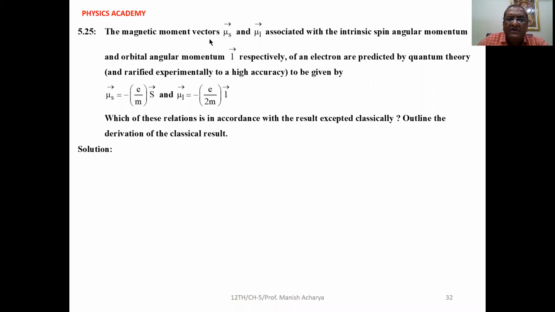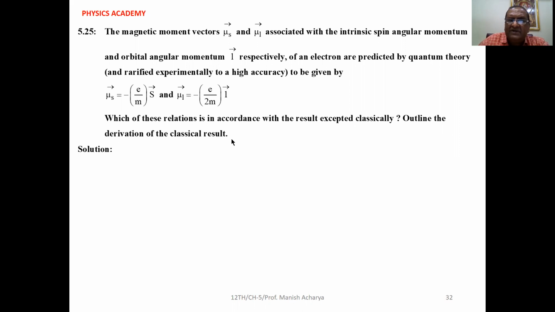5.25. The magnetic moment vectors mu s and mu l associated with the intrinsic spin angular momentum S and orbital angular momentum L respectively of an electron are predicted by quantum theory and verified experimentally to a high accuracy to be given by mu s, that is minus e by m into S, and mu L, that is minus e by 2m into L. Which of these relation is in accordance with the result accepted classically?